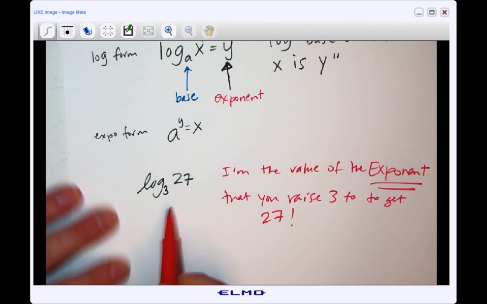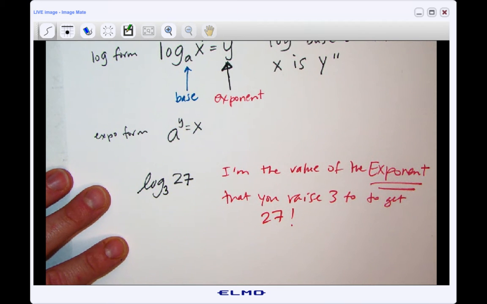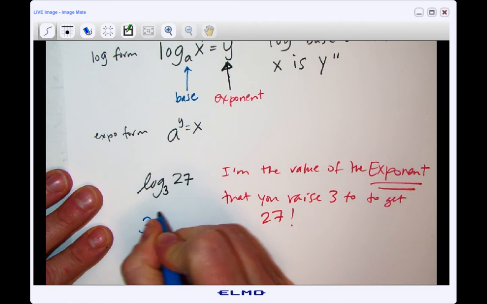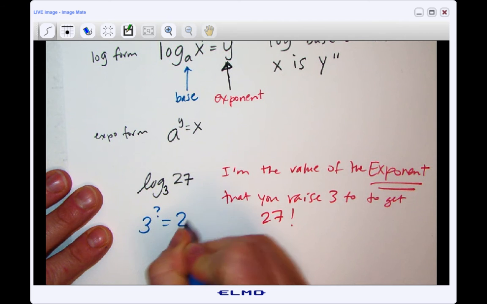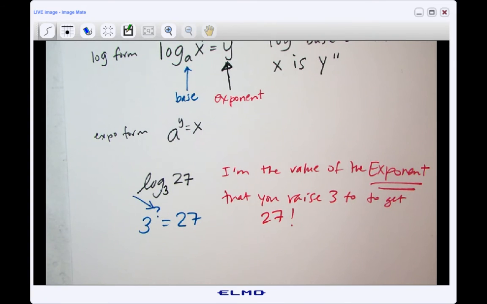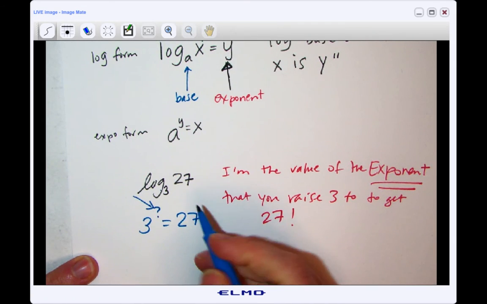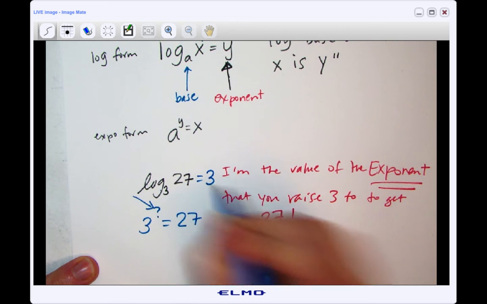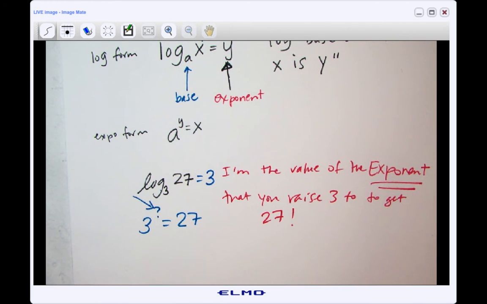So this is asking me basically this question: 3 to the what is equal to 27? Whatever this question mark is, that's what this is equal to. It's equal to that exponent. And so from here we can see that the number that I have to raise 3 to get 27 is 3.